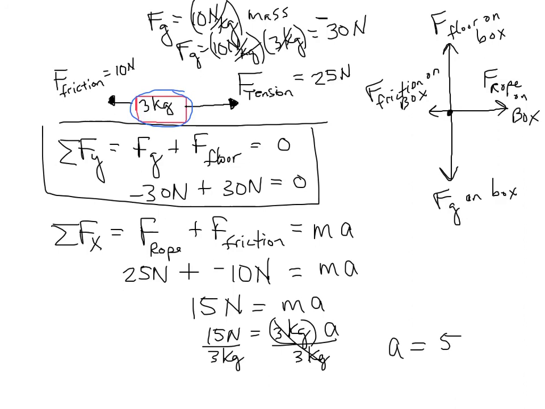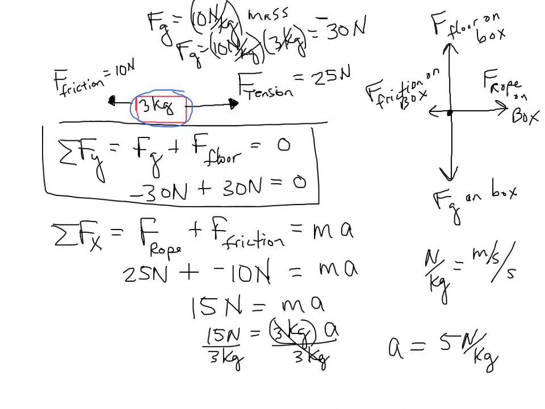Now notice, this is newtons for every, or per, kilogram. Well, this does not sound like an acceleration unit that we had before. So what exactly does that mean? Well, a newton for every kilogram is the same thing as a meter per second for every second.